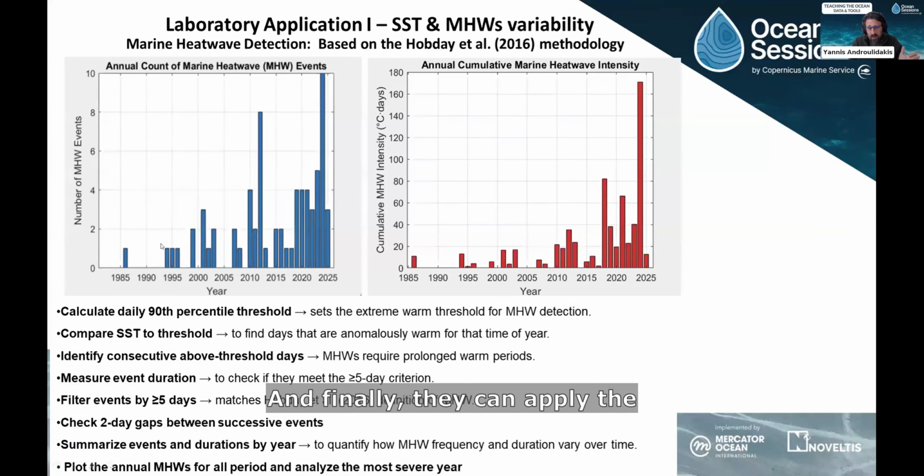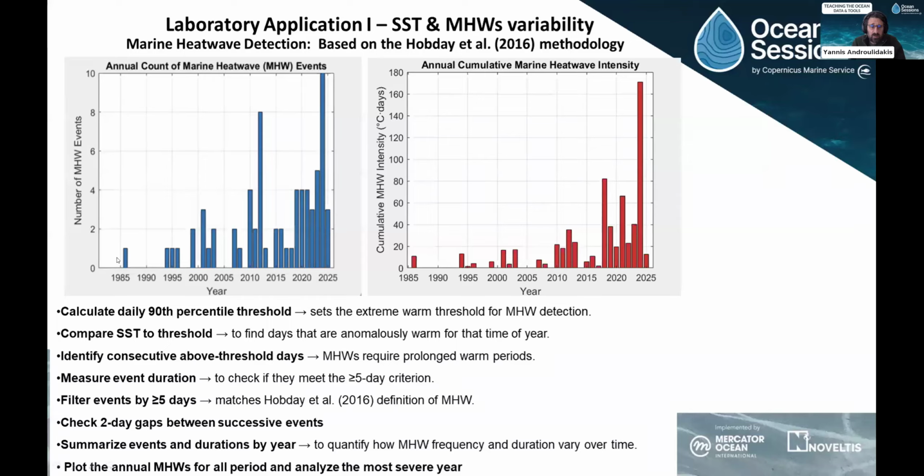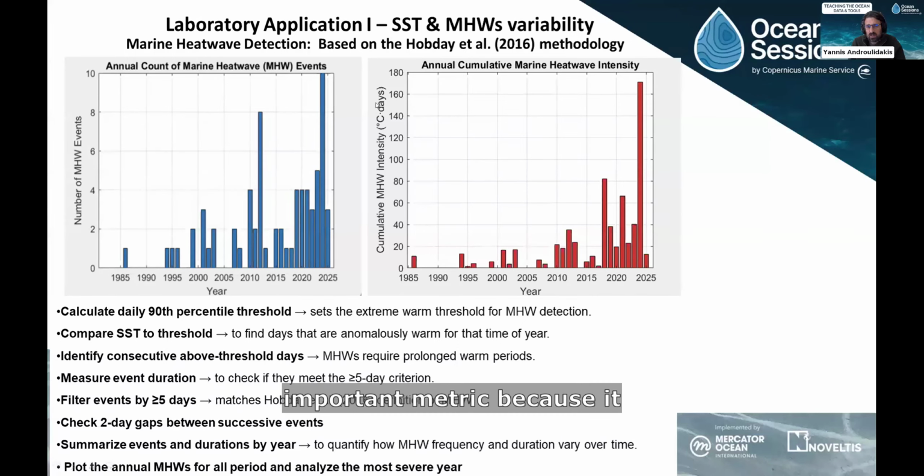Finally, they learn how to apply the detection of marine heat waves, an algorithm that we developed based on the methodology by Hobday. And this is an example. This is the number of events for the same area. And this is the cumulative intensity, which is a very important metric because it includes the number of events and the intensity and the duration.